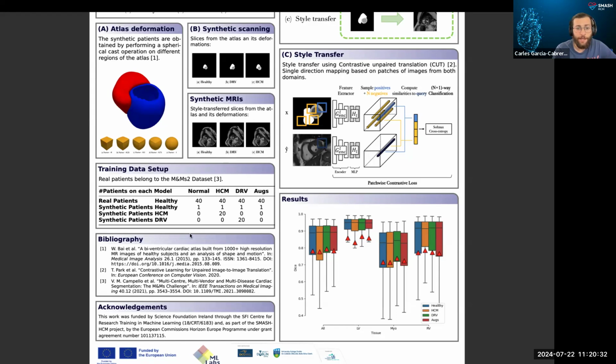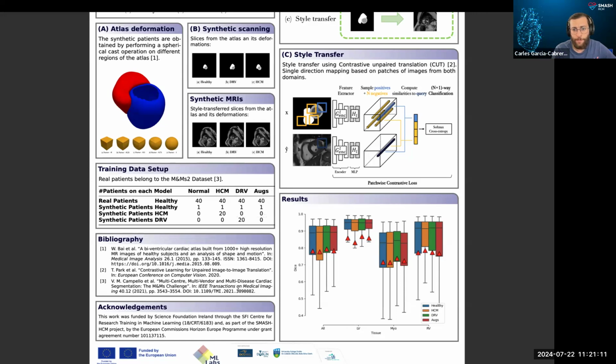But then we used 20 of our HCM-based synthetic patients for the HCM model, and likewise the dilated right ventricle patients for the dilated right ventricle model. As a control, we applied a set of more commonly used traditional augmentation techniques, which include elastic deformation and affine transformation.